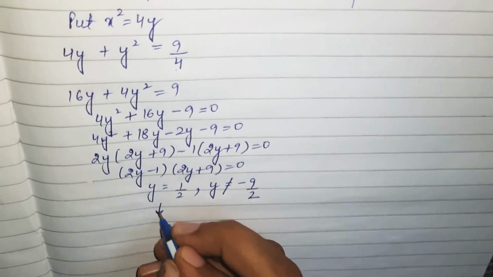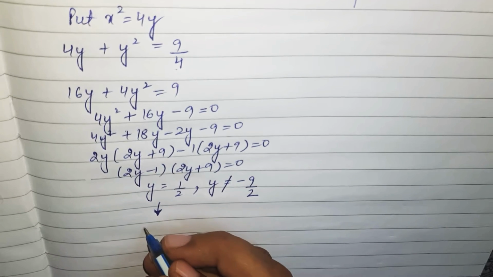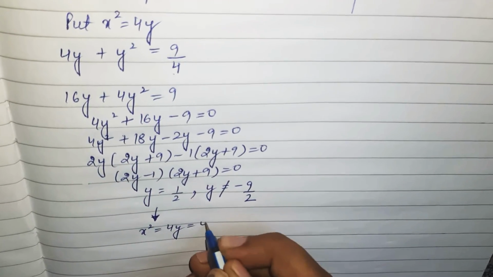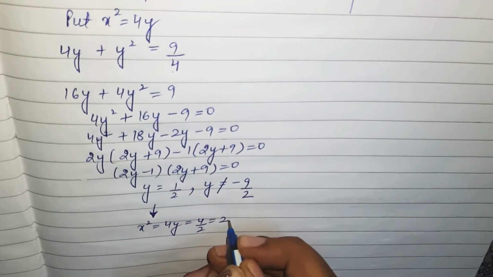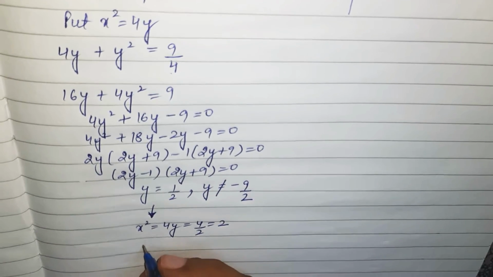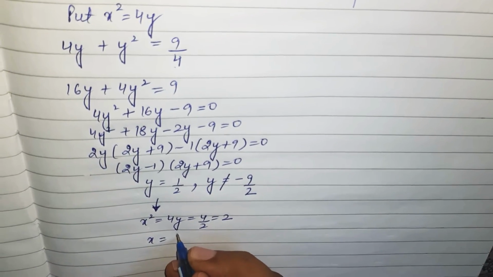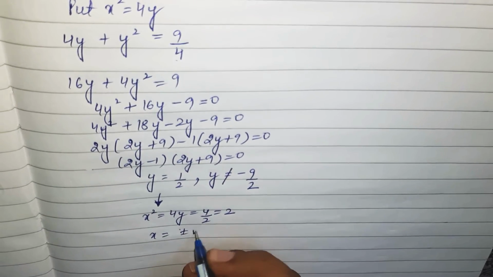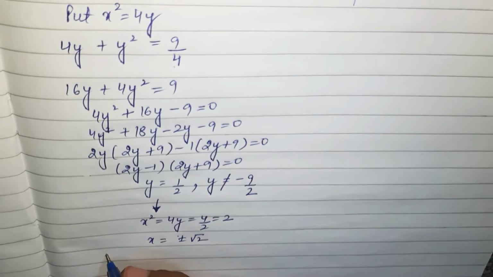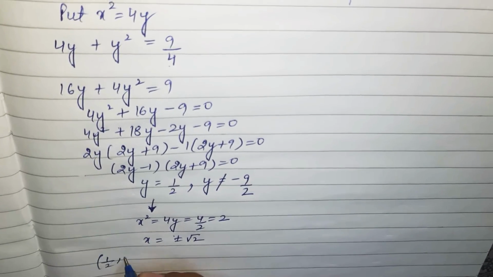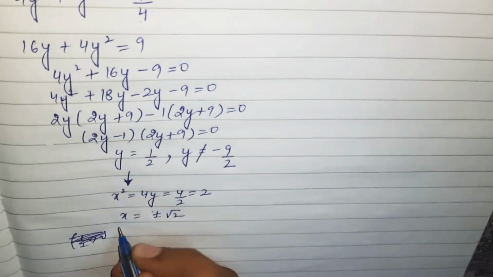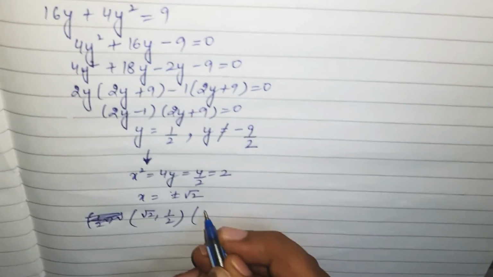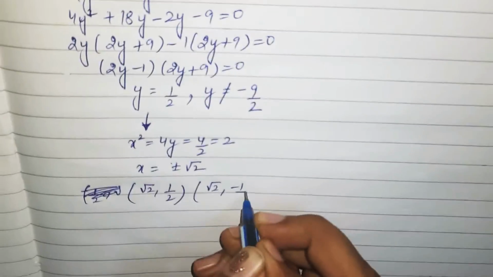If y is 1 by 2, then x will become, x square is 4y. So 4 by 2, this will become 2. So I am getting x as plus minus root 2. So the points are root 2 comma 1 by 2 and minus root 2 comma 1 by 2.